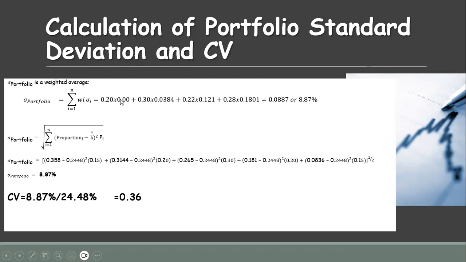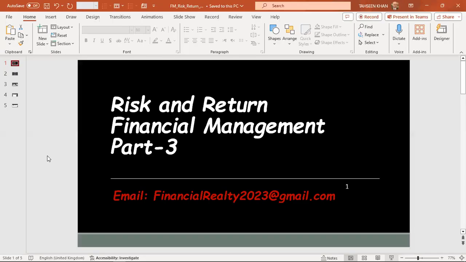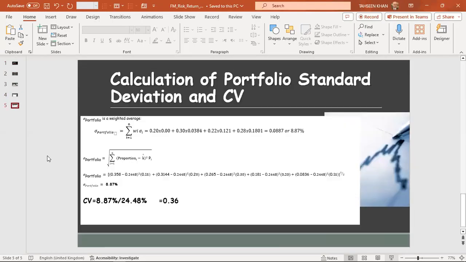Here we have used the same return and standard deviation figures, but not in percentage. Now, for the alternative calculation, your expected return for the portfolio is 24.48 for all cases. For the first case, the standard deviation is 35.8.